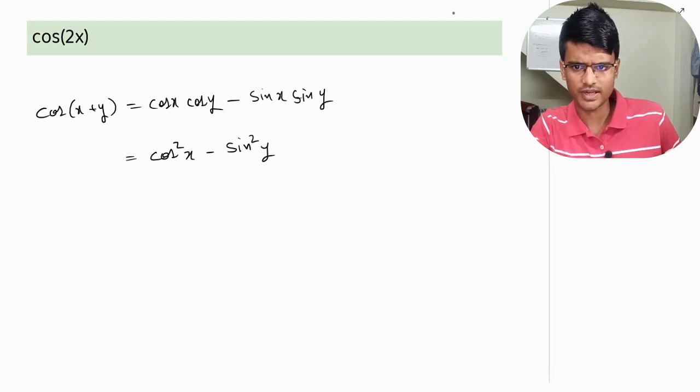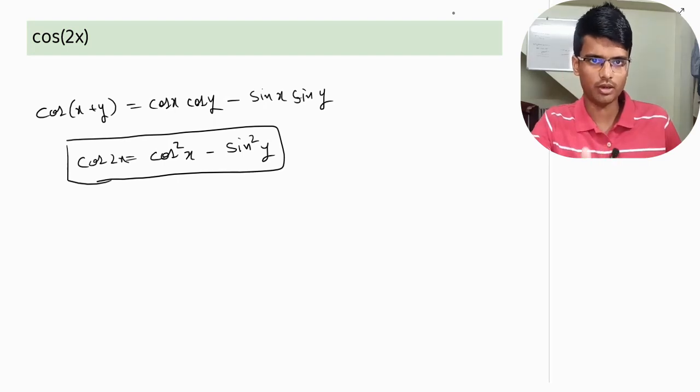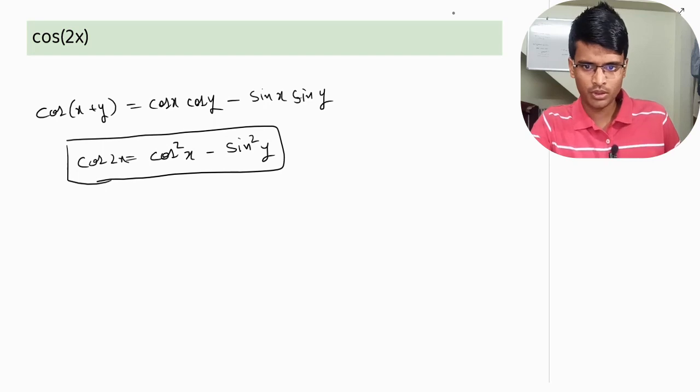So this is the standard formula for cos 2x. Now we can express it in terms of other trigonometric functions. Similarly, the same trick: in the denominator, there is a 1 sitting there.